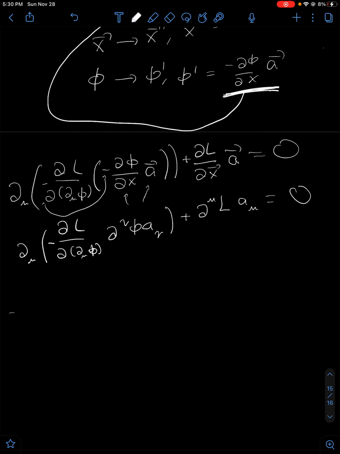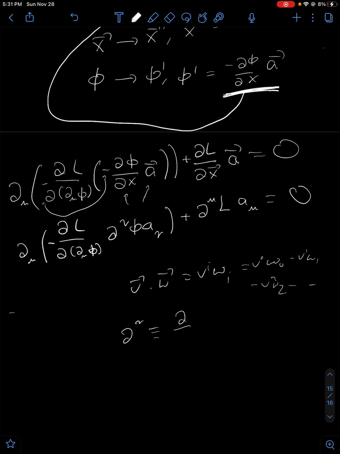Again, remember that v dot w is just v0 w0 minus v1 w1 minus v2 w2 and so on, because of the Minkowski metric. That's what we're doing here. This dot product just comes down to that.